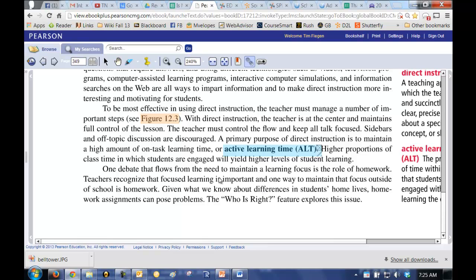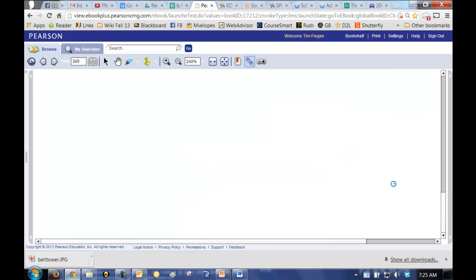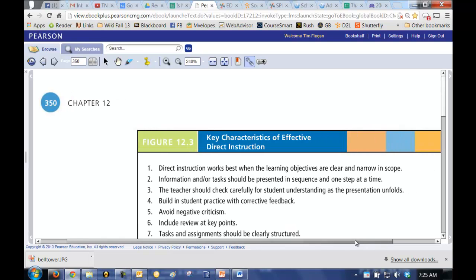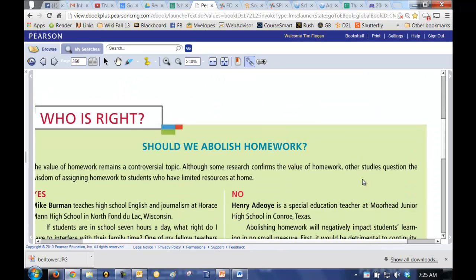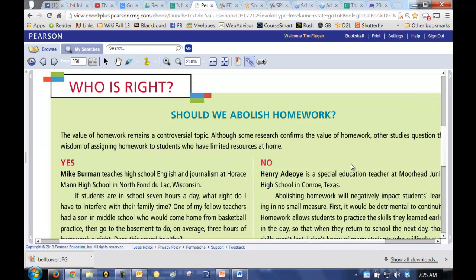And then this debate is who's right, and it's a discussion about homework. And I'm going to put that on here. Again, I'm going to make a checkbox. This is, should we abolish homework, yes or no? And again, I'm going to ask you not to respond to this in discussion until you've read both sides of this.